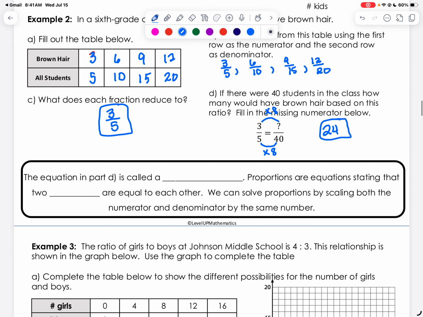Now, the equation from part D that we just worked with, this 3 over 5 equals 24 over 40, is a very special equation that you're going to see all throughout the rest of your math classes. This equation is called a proportion.